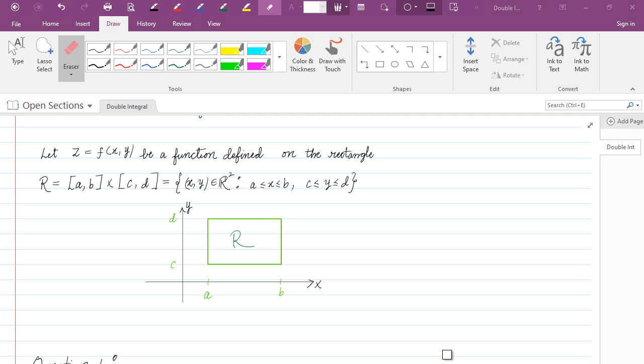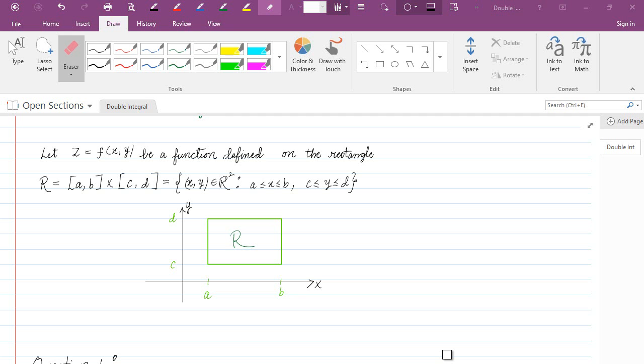Well, even though the density is varying, one idea I'm pretty sure that you have had in your mind when you were thinking about that question is to break up the region into tiny pieces.